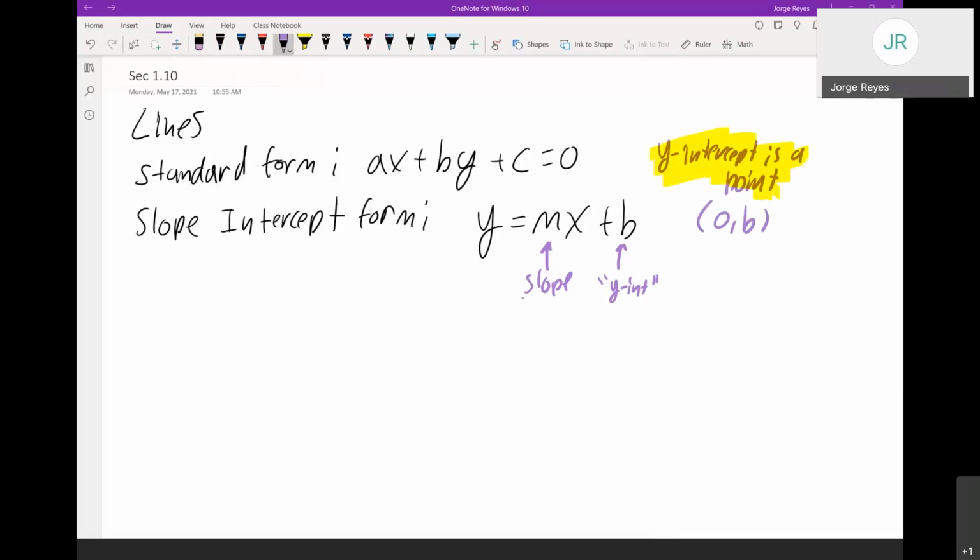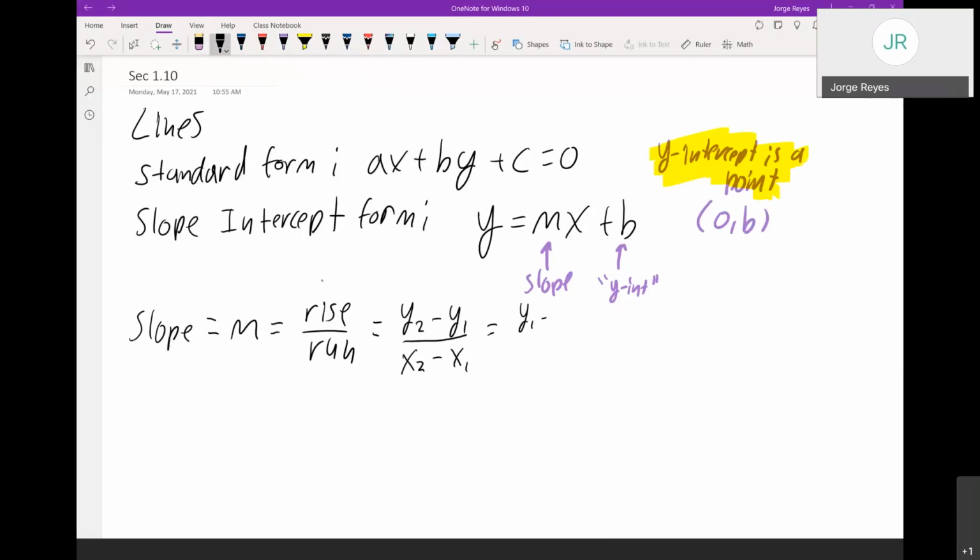So slope, what is slope? Slope has many words. It's m. It's also rise over run, which is (y2 - y1) over (x2 - x1).